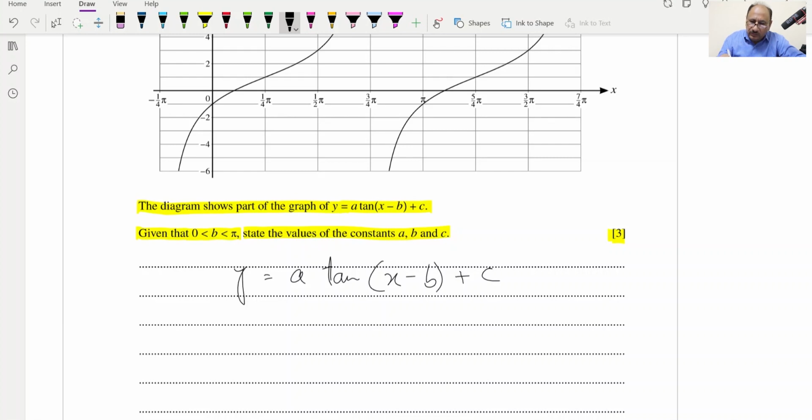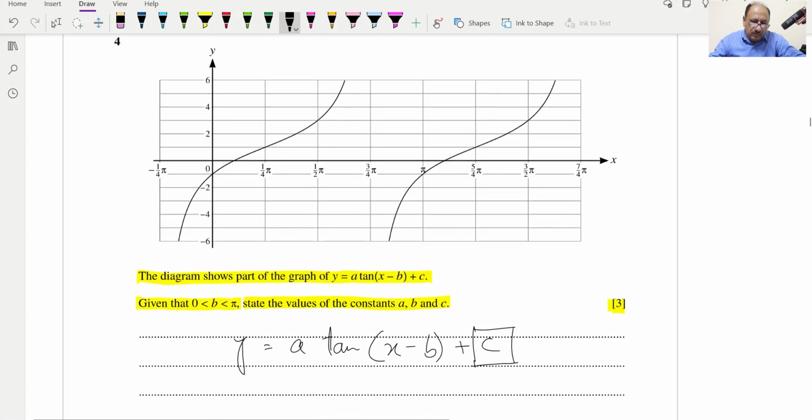So if we check this, what does c mean? C means y-axis transformation. If we check this graph, it is moved 1 unit up basically. The standard graph is passing through 0, but this is moved 1 unit up, so it is moved over here.